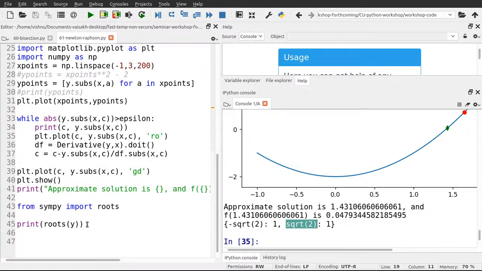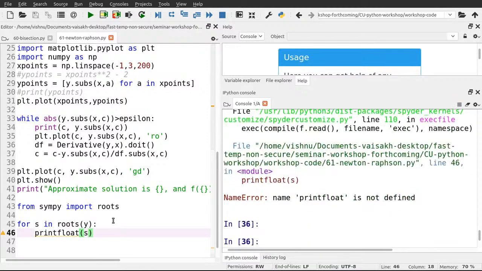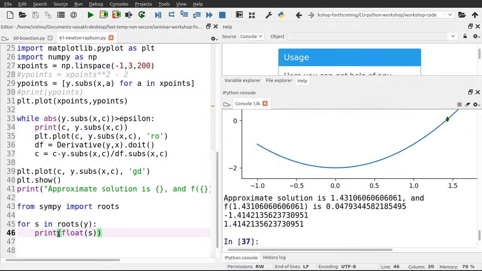Now if you want to get the numerical value of these things, what you have to do is: for s in roots of y, print the numerical approximation.